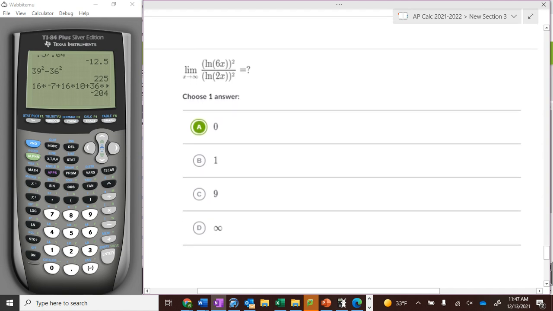Hey, guess what this one is? 0. Do you know how to do it? L'Hopital. I just know if it looks really hard, it's probably 0 or infinity. So, first derivative at the top. 2 times the ln of 6x times the first derivative of the ln of 6x, which is 1 over 6x times 6.